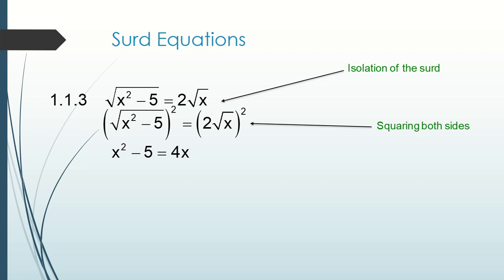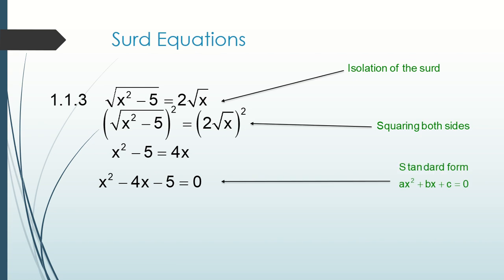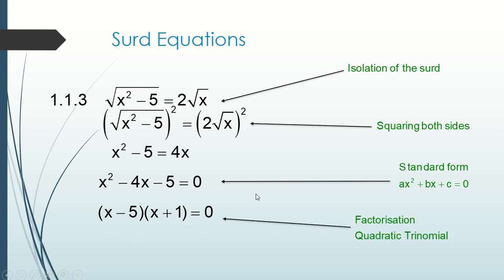And it's a quadratic equation, so we must get it in standard form. Then we factorize. Once we factorize, you can see -4. If you look here, -5 plus 1 will give you -4, and -5 times 1 will give you -5.